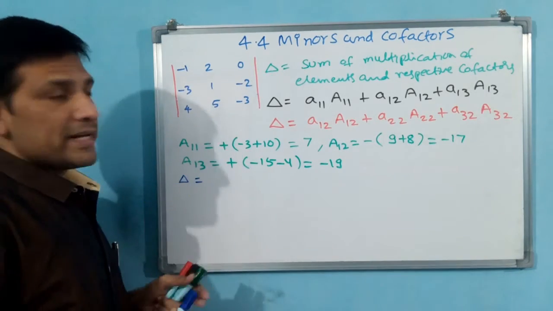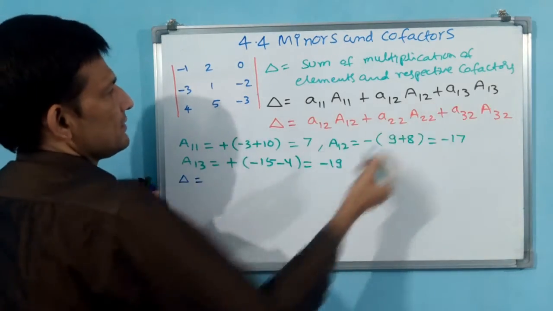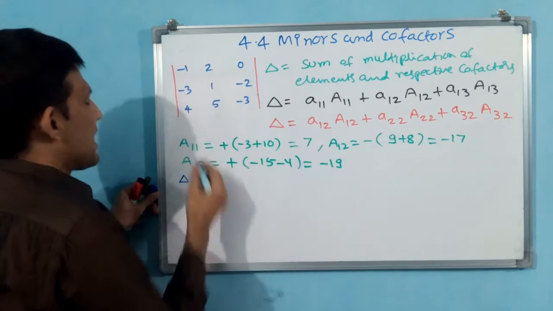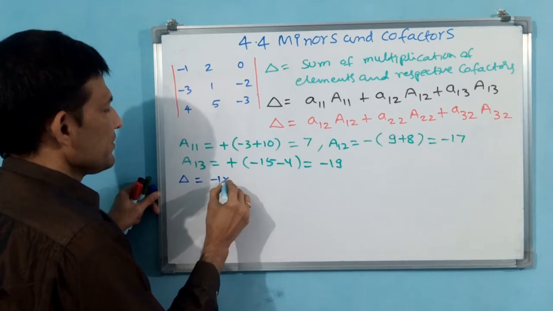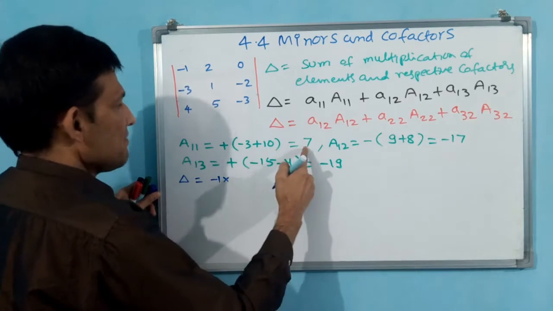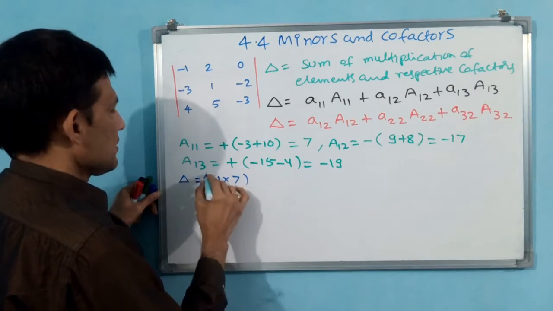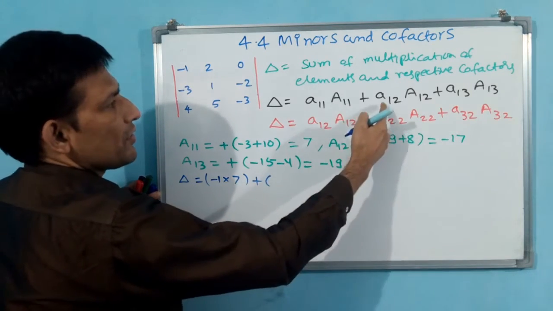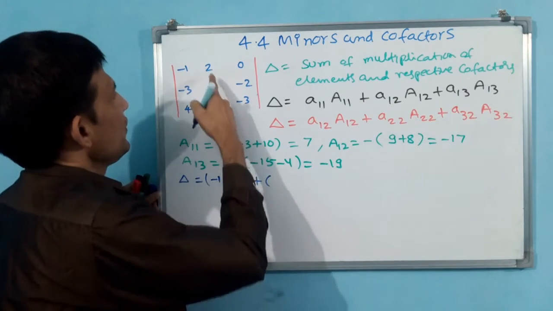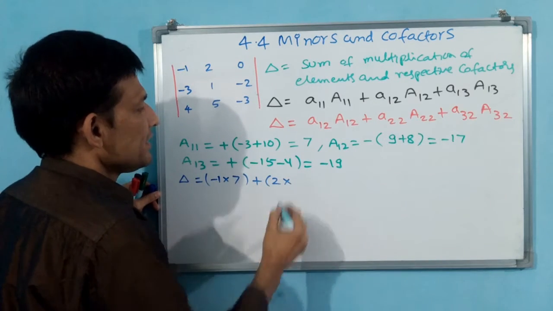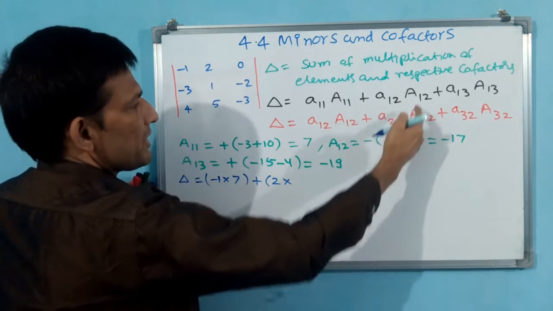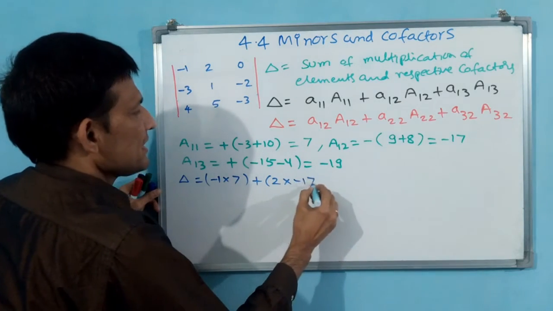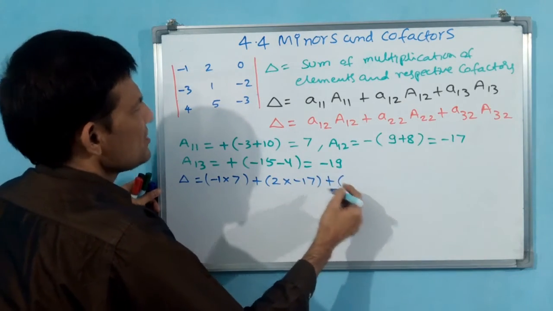Now let us find delta. A11 into capital A11 is minus 1 into 7. Plus a12, which is 2, into capital A12, which is minus 17. Plus 0. Why am I writing 0?